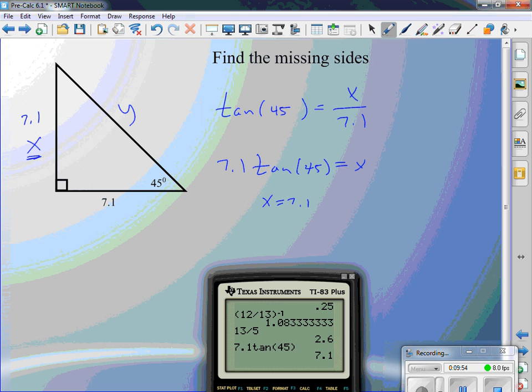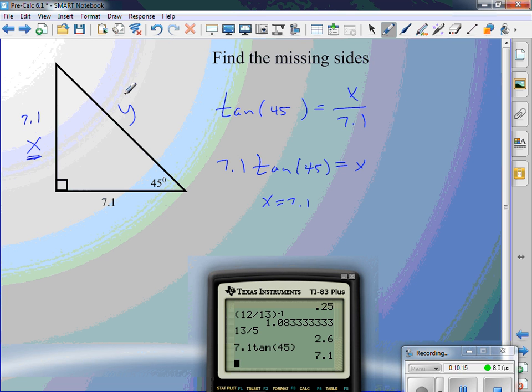So that side is 7.1. You should have known that. Why? Oh, it's a 45, so that one has to be 45. Since 45, 45, it's an isosceles triangle. Since it's an isosceles triangle, 7.1, 7.1.